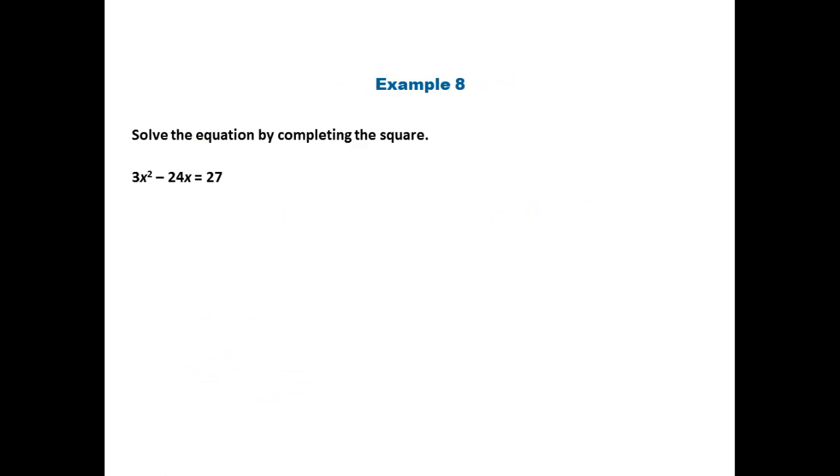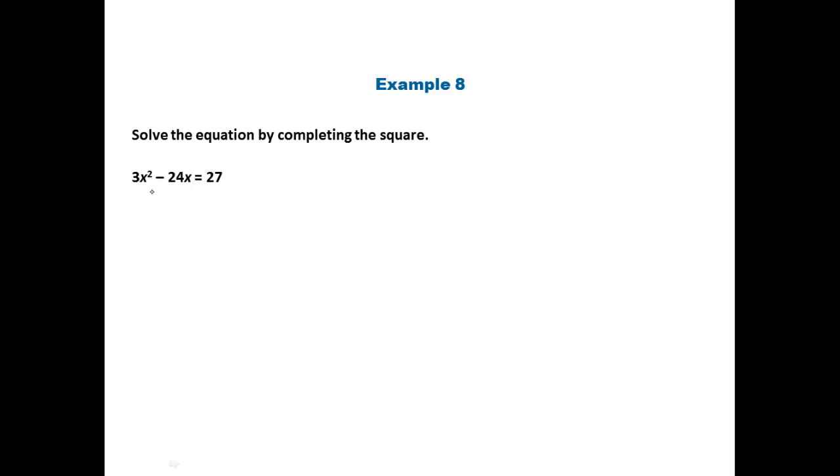Alright, so here's that problem where a is not equal to 1. Okay, so we're going to go through our steps again. Step 1, collect the variable terms on one side, constants on the other. Looks like that's all set for us. The x's are on one side, numbers are on the other. Then we need to make sure that the coefficient of a is 1. And it is not.